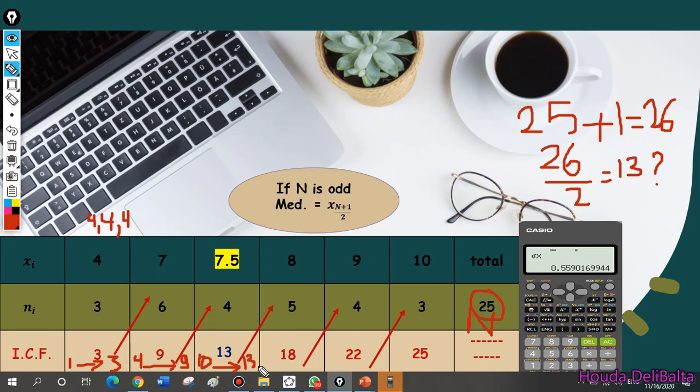So I need the x that is 13. If I apply this rule, if I add 1 to 25 and then divide by 2, I get x13. Where is x13 found? It's found in this region. So 13 is found in this region.